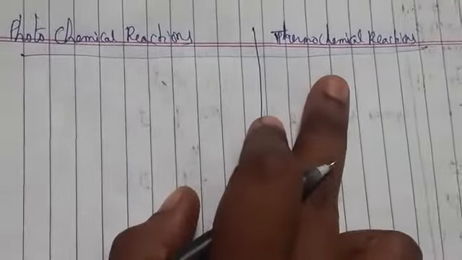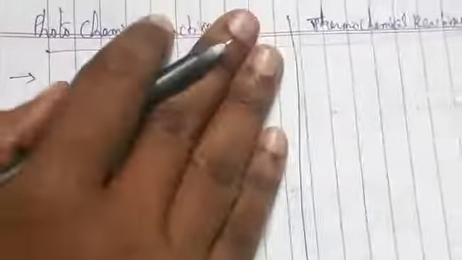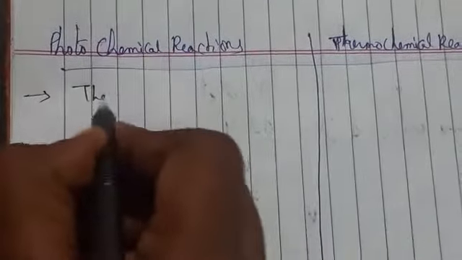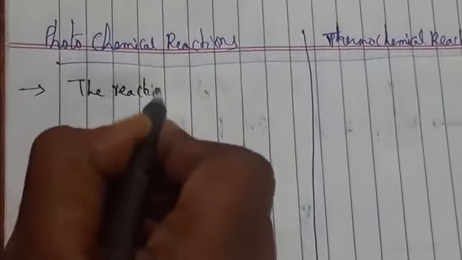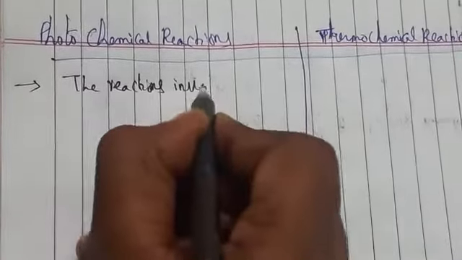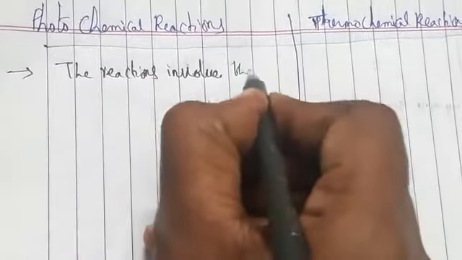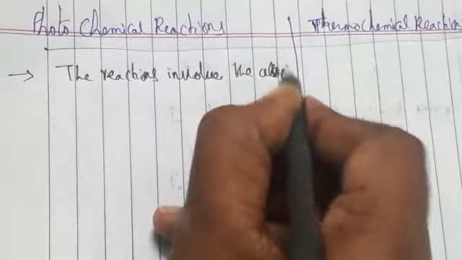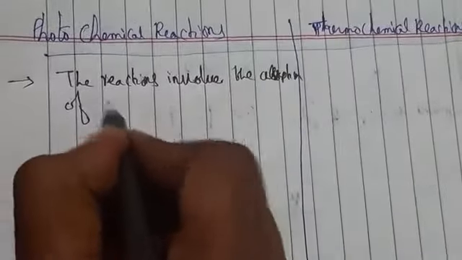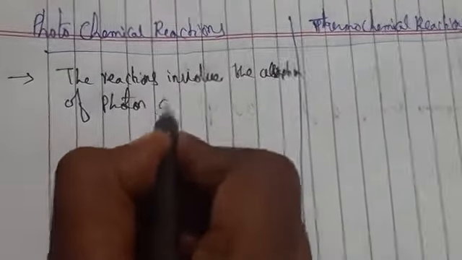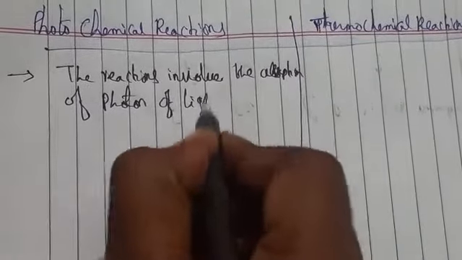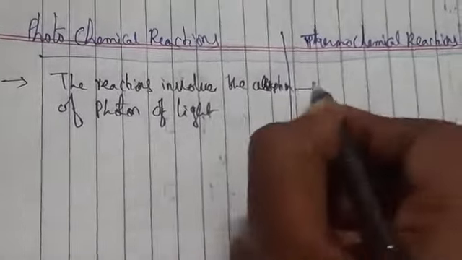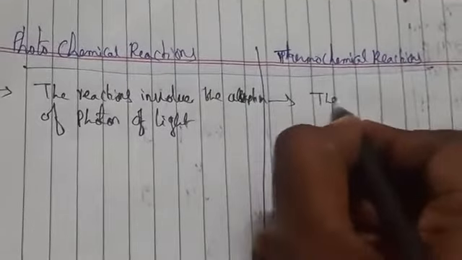The reaction which undergoes in the presence of heat, we call thermochemical. So what are photochemical reactions? The reactions that involve the absorption of photons of light, we call photochemical reactions.